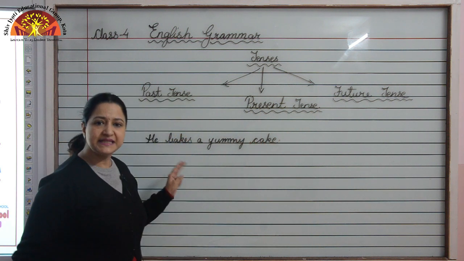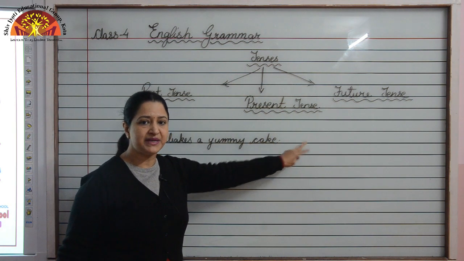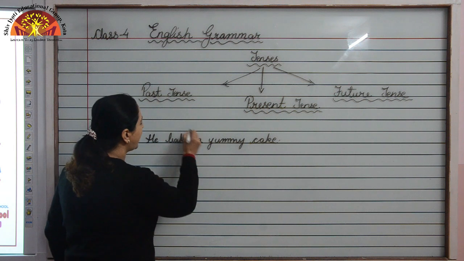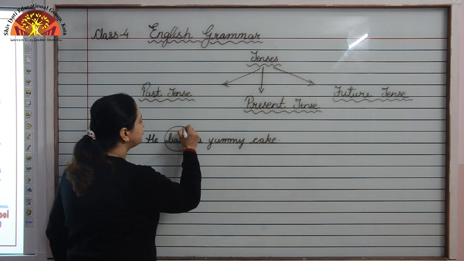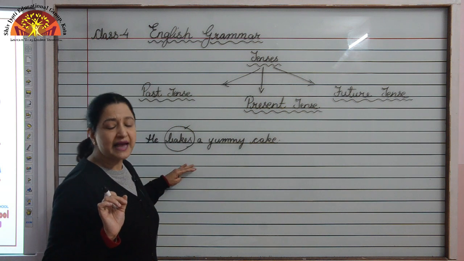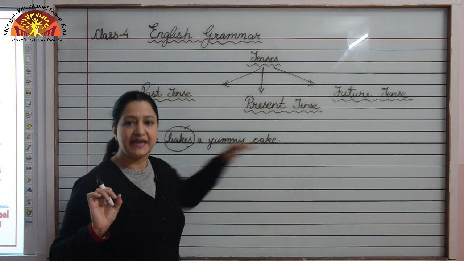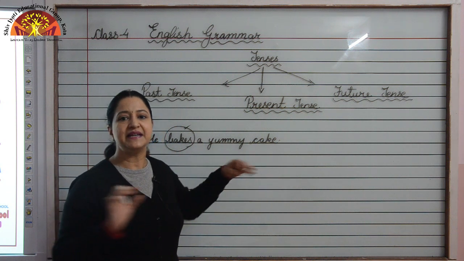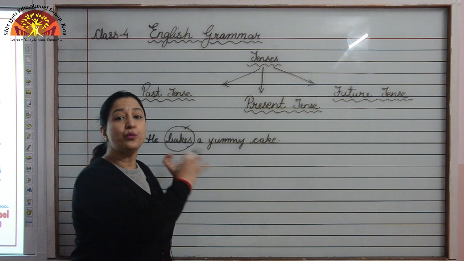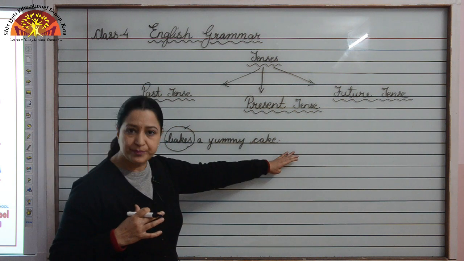Now, this sentence is in present tense. How can we say that this is in present tense? Because we are using here the first form of verb, bakes. That is why we can say that this sentence is in present tense. It is his habit to bake a yummy cake every time. So this is present tense.